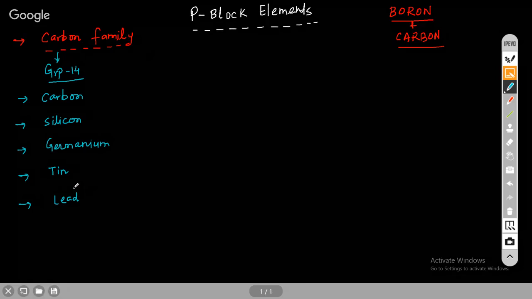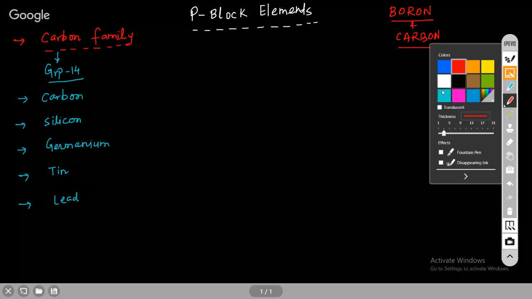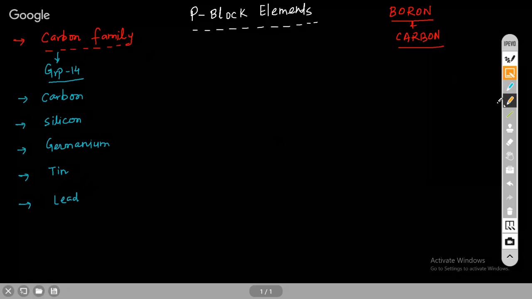So these are the elements of the carbon family. Carbon is C, silicon is Si, germanium is Ge, Sn, and Pb.